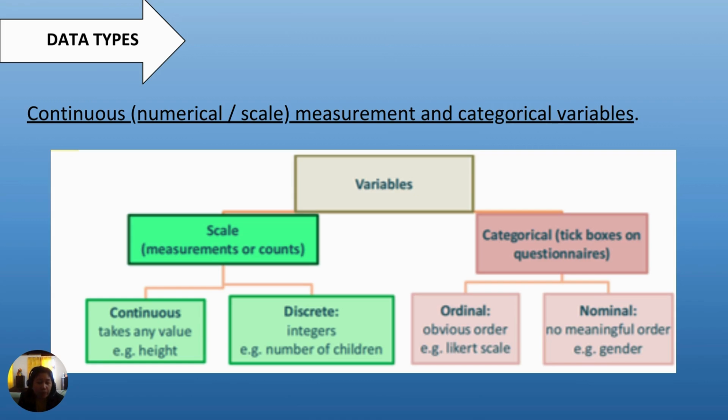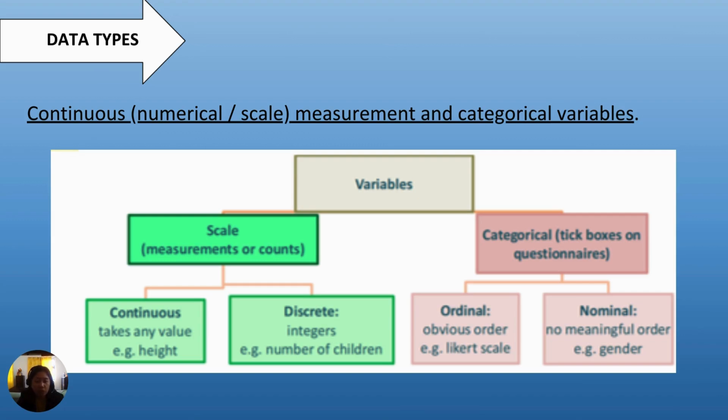Now, we also have under scale the discrete variable. These are also numbers, but they can only be whole values. Okay, whole values. So you can't have decimals or fractions here. You're counting things, not measuring actually.